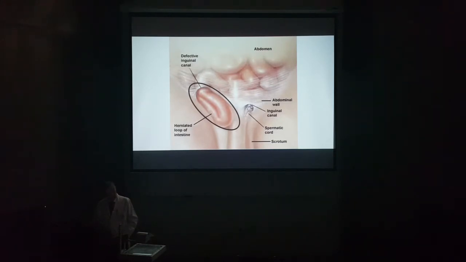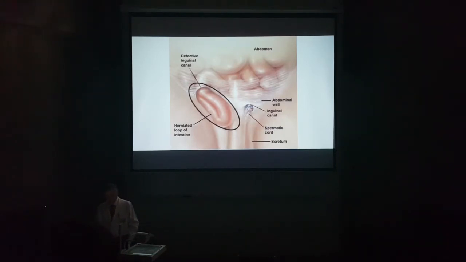Sometimes when it doesn't, or it is strangulated, that means it is twisted, or for some reason the blood supply to this loop of intestine is affected, it's going to be ischemic and it's going into necrosis. So we have to act very quickly.